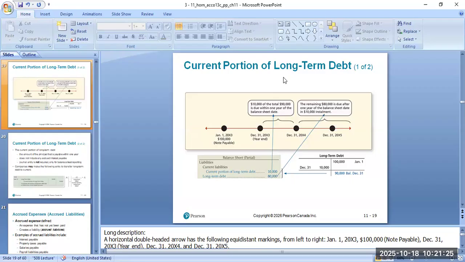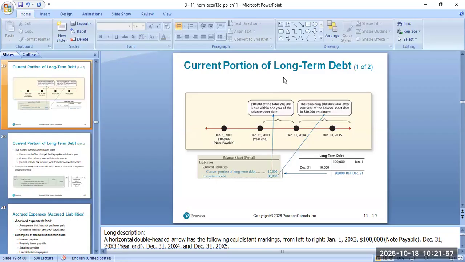Well, looking at the reporting date, I'm going to look forward. On the big picture, I owe $30,000, which I have to pay at $10,000 every year. So the first $10,000 that I have to pay is within 1 year, which automatically makes it a current liability. The other 20, which are due in more than a year, are a long-term liability.